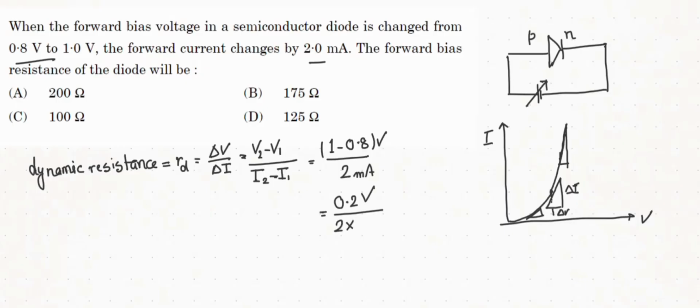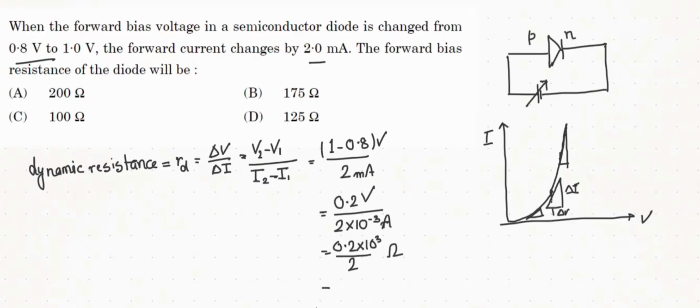So 2 into 10 to the power minus 3 ampere. Volt by ampere is in ohm. So this will become 0.2 multiplied by 10 to the power 3, divided by 2.